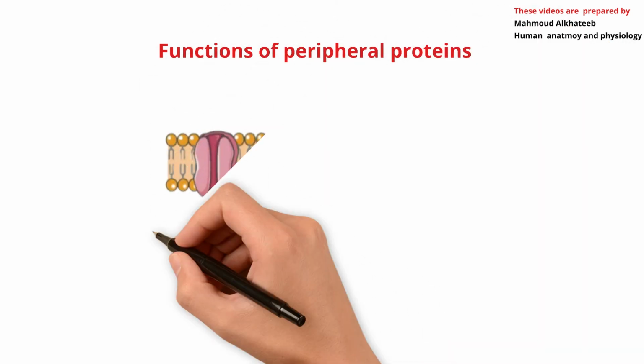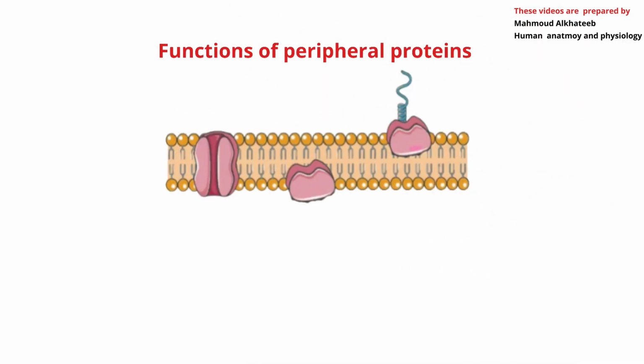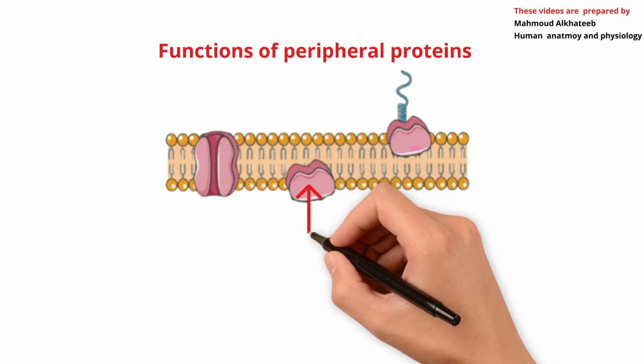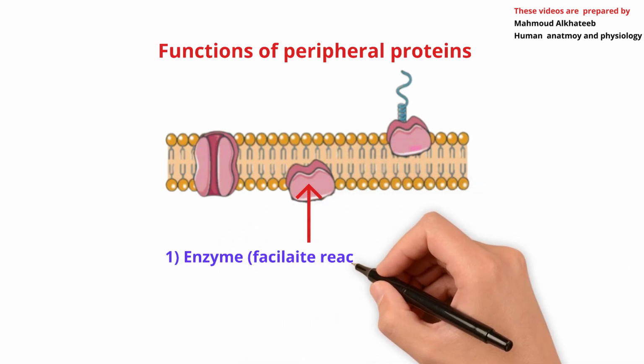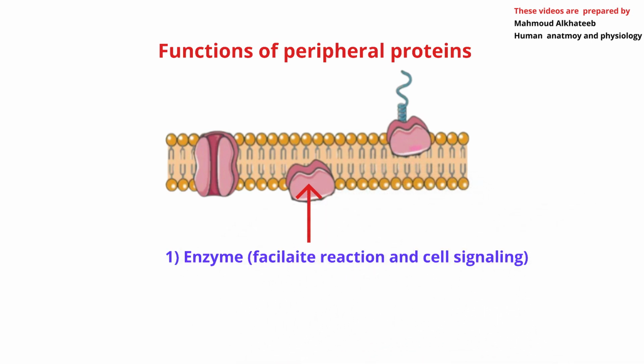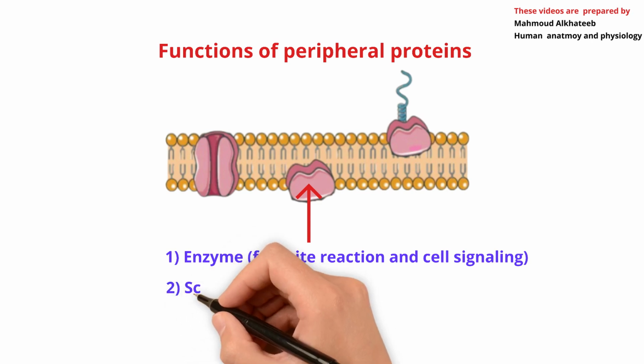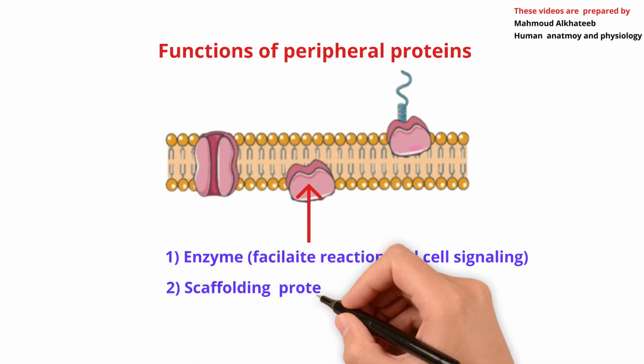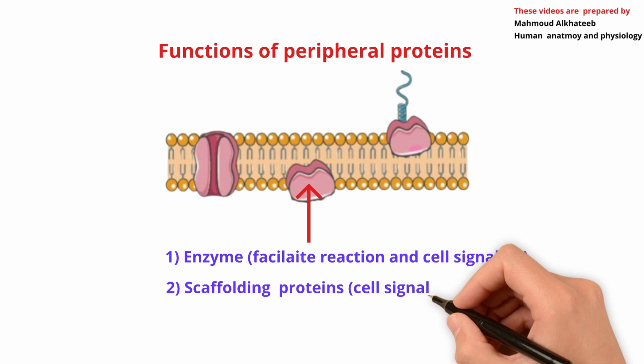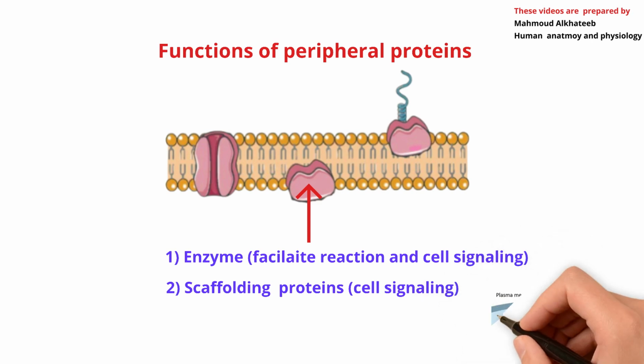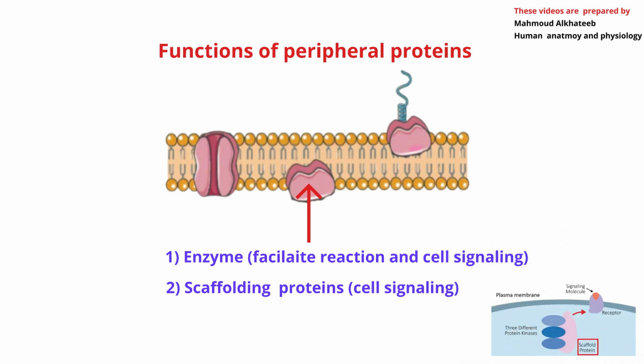Peripheral proteins play several key roles in the membrane as well. First, they can function as enzymes, catalyzing reactions at the membrane surface. In signal transduction, peripheral proteins often act as scaffolding proteins, organizing signaling complexes or interacting with receptor proteins to relay signals from the outside to the inside of the cell.